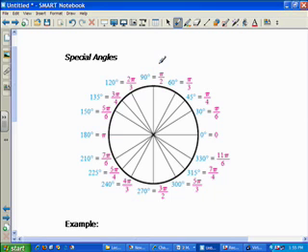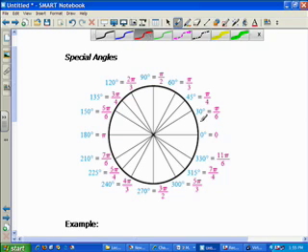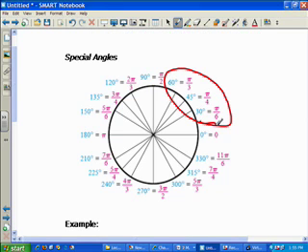Those 4 angles are kind of easy. Let me give you my advice for all of the other ones. Here are the only 3 I remember. What helps me is 45 degrees is pi over 4. That's the same number as that.